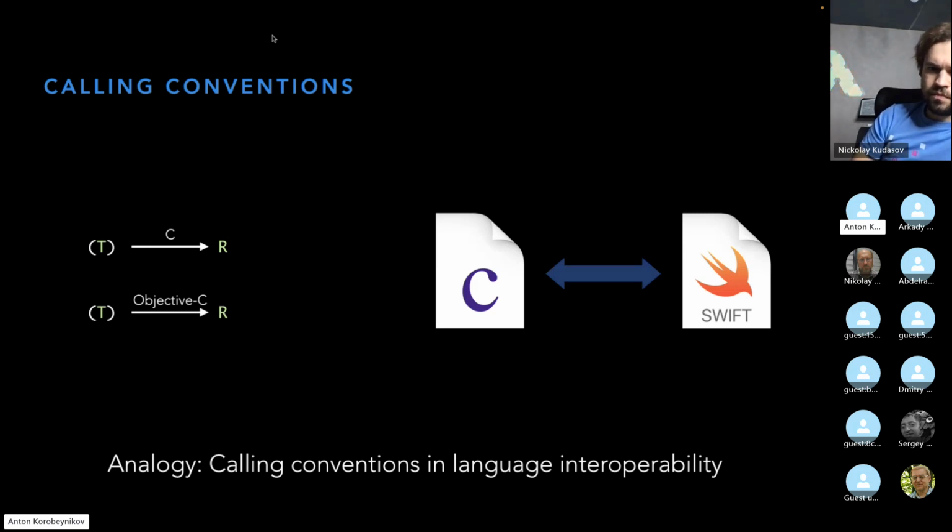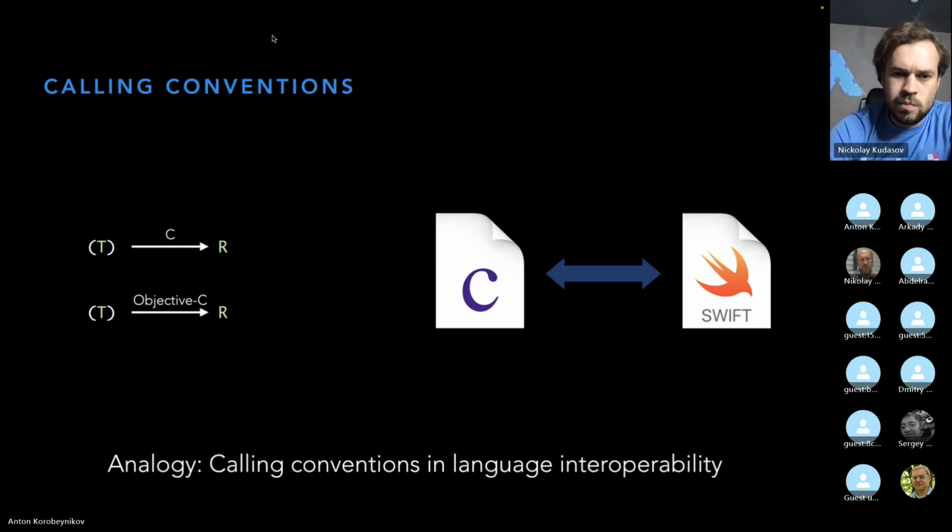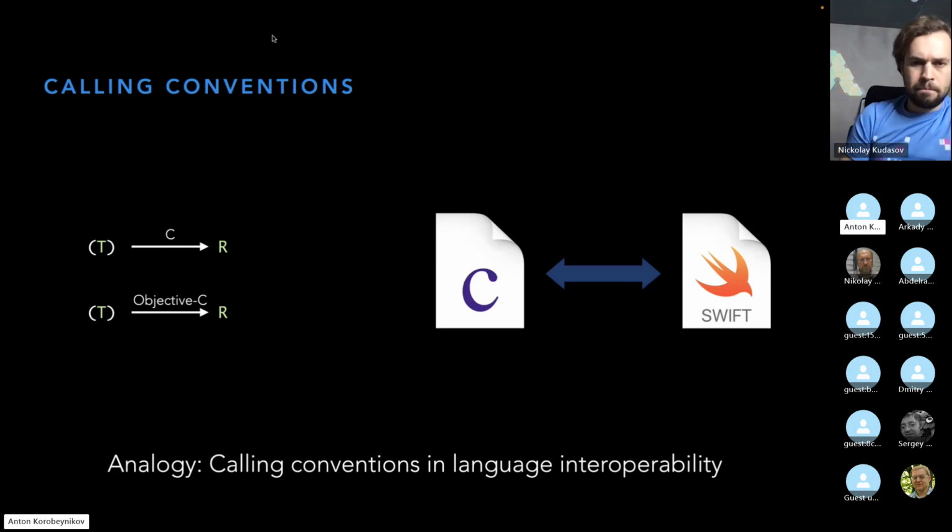Swift is natively interoperable with C and Objective-C, and these days even with C++, but the C++ support is still work in progress. C functions are imported into Swift as a special C function type with different restrictions here and there, and the same for Objective-C.